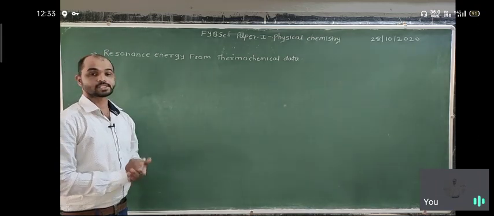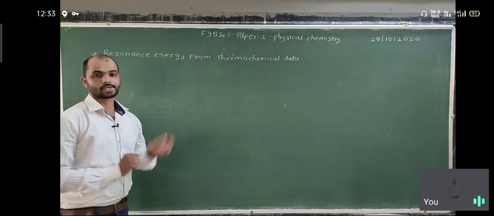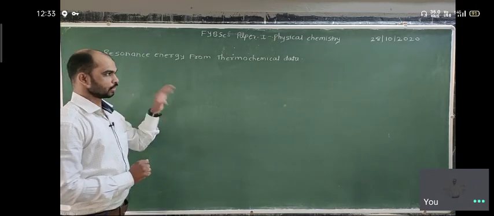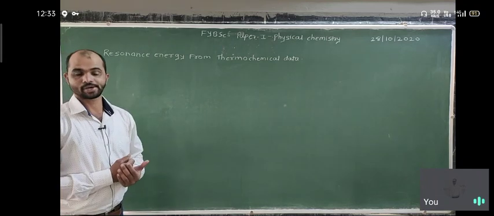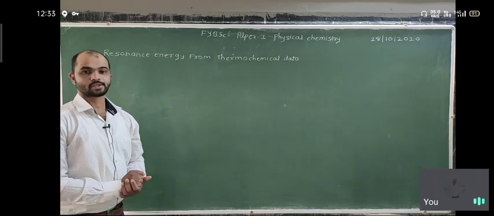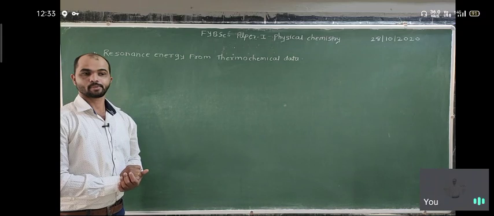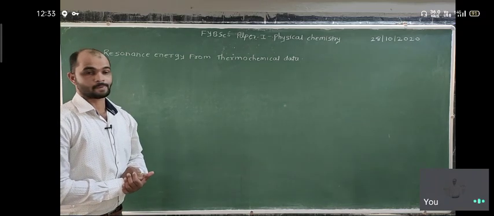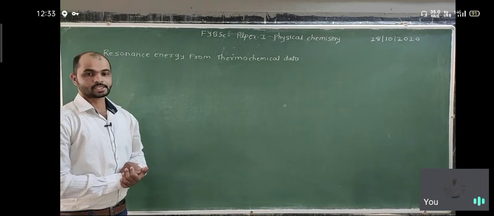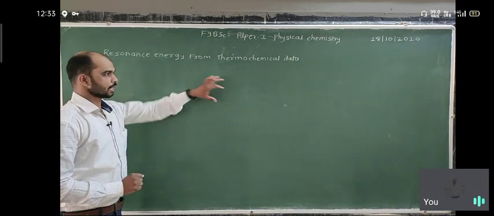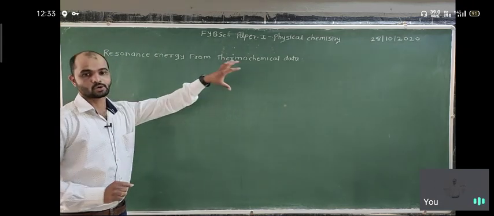It is the energy difference between two electronic states. One electronic state is a localized state, meaning localized bonding, and the second is when there is a delocalization of the bonds, meaning electrons. At that time there is a change in energy. So we get the energy difference between the localized bonds and delocalized bonds.